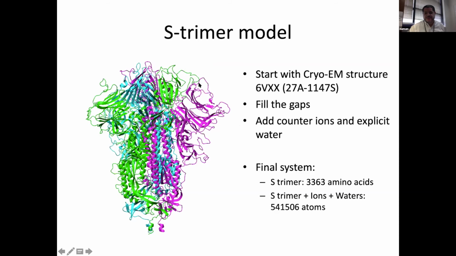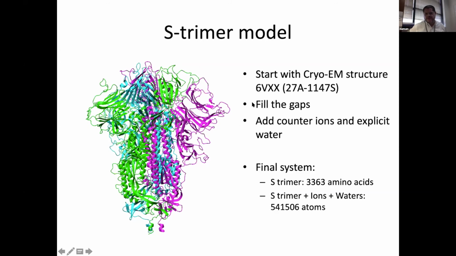For example, you see a lot of loops that are very loose, because they are not structured and are flexible, so usually they are not reported in the cryo-EM structures. But if you want to do an atomistic, detailed simulation, you need to include them.